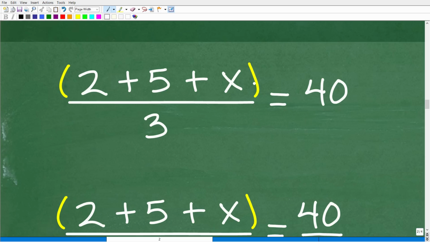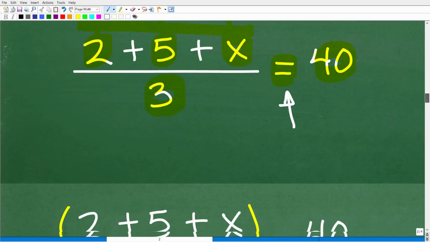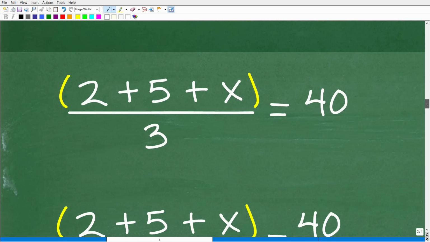It will really help you out and help you avoid very common mistakes in mathematics. If you remember that for the long run, you'll thank me later. So first things first, I'm going to put parentheses around this sum. They're not there when I wrote this equation, but I want you to get in the habit of putting those in.